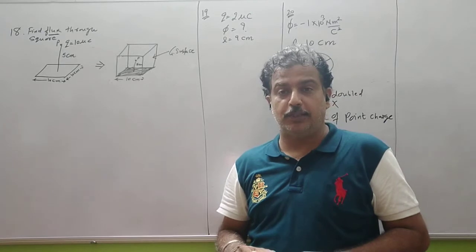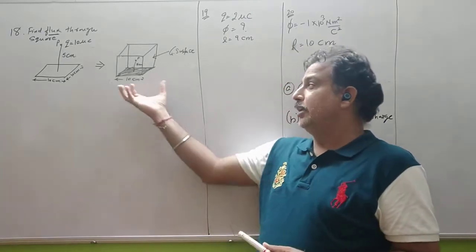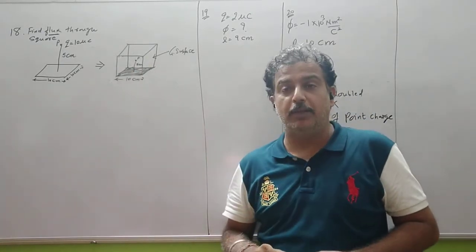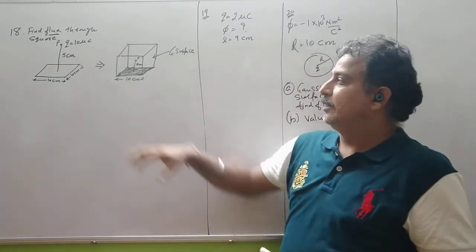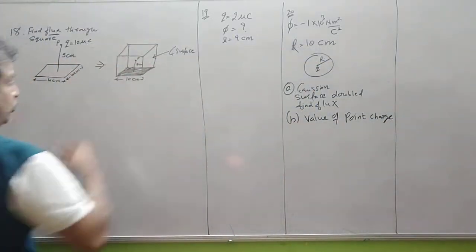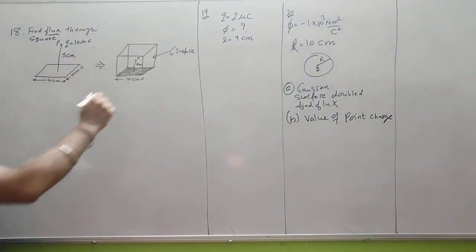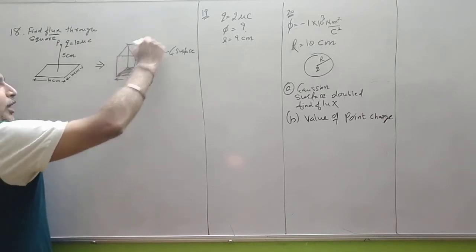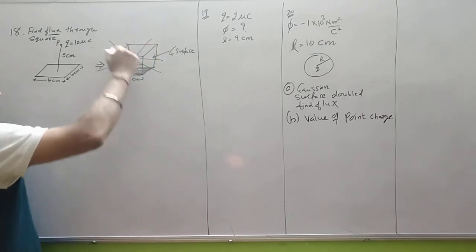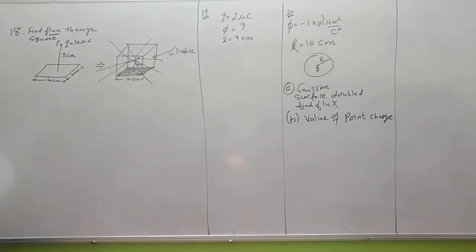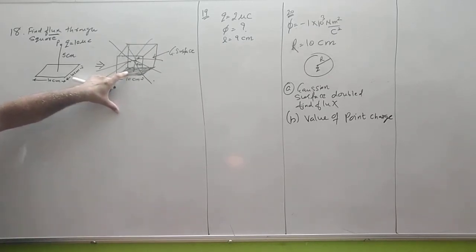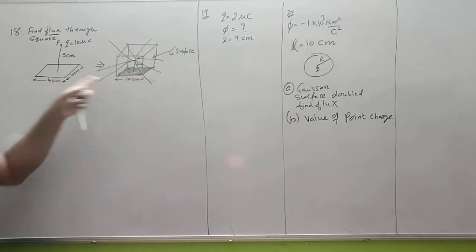The charge is positive, so the field lines will be coming out or emerging outward because the charge is positive, and the flux should also be positive. Now the number of field lines. So if we have this number of field lines which are radially outward, we will see that only 1/6 of the field lines will pass through this because the cube has 6 faces.